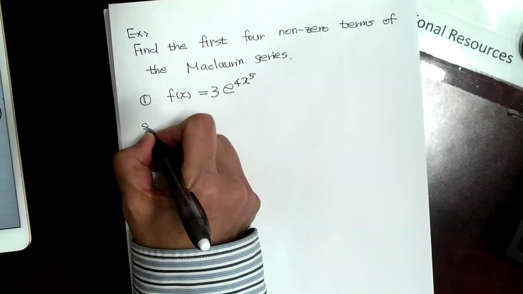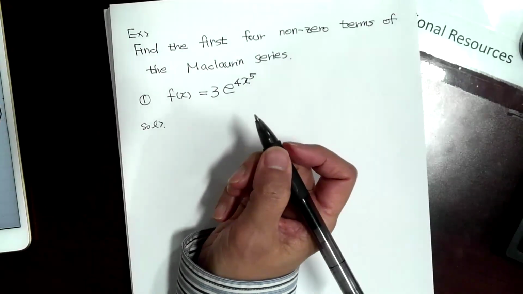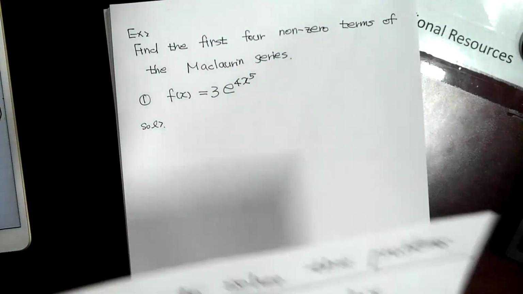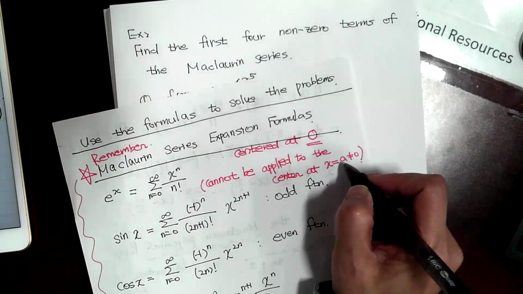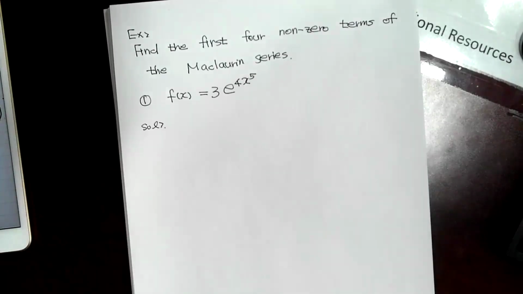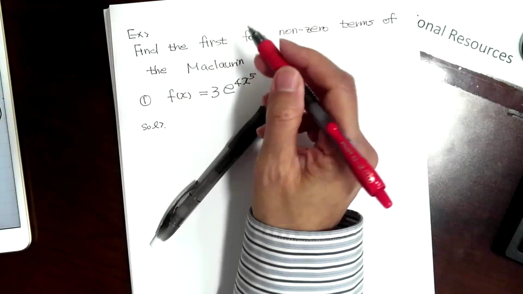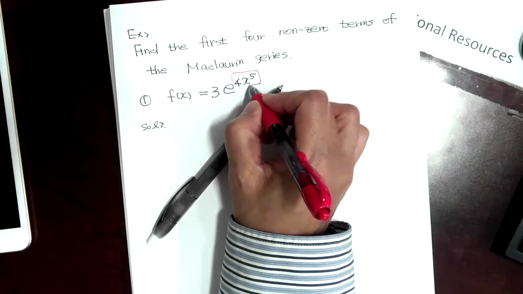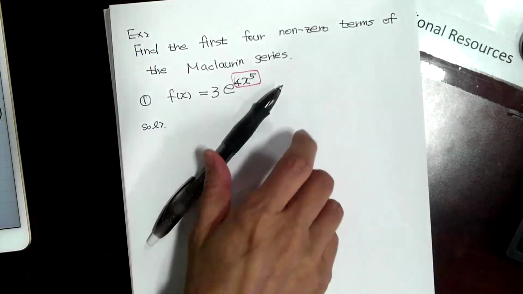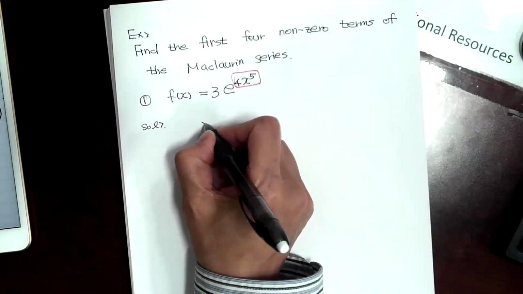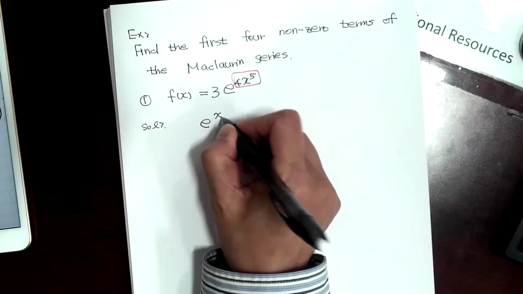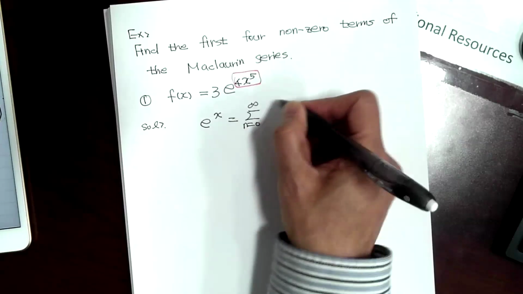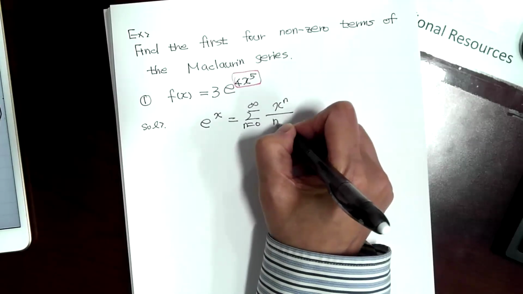We consider Maclaurin series expansion. While we cannot apply the Maclaurin series expansion related formula when the center is shifted to other place, we can still use Maclaurin series expansion when the variable part is not x, like this. So we have e to the x equals summation n equals 0 to infinity x to the nth power over n factorial.